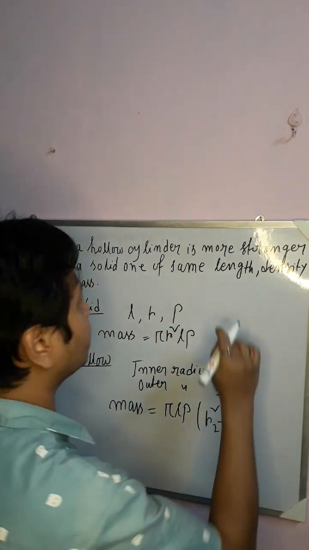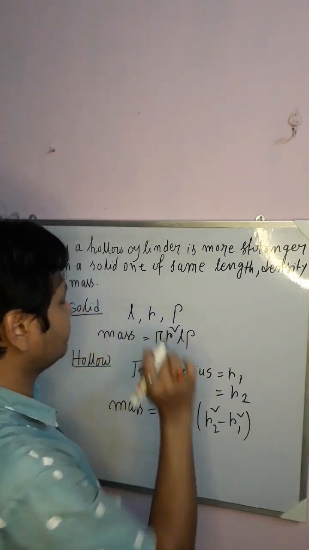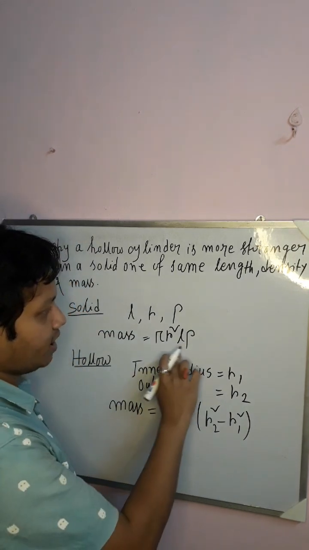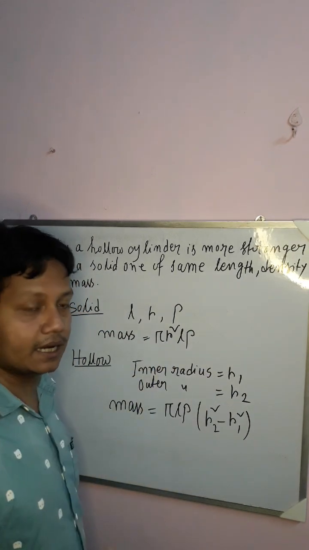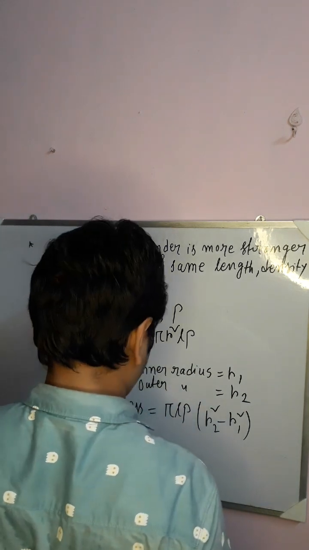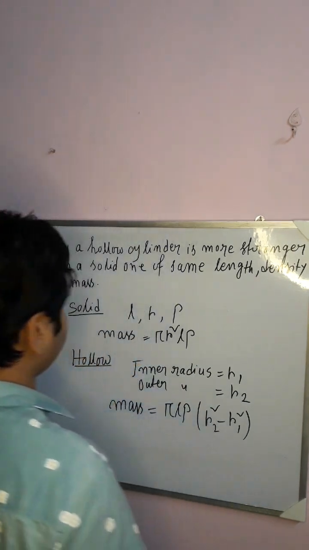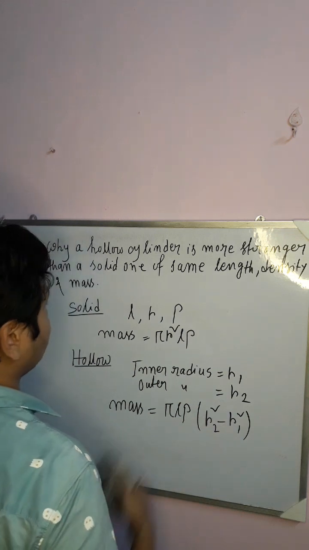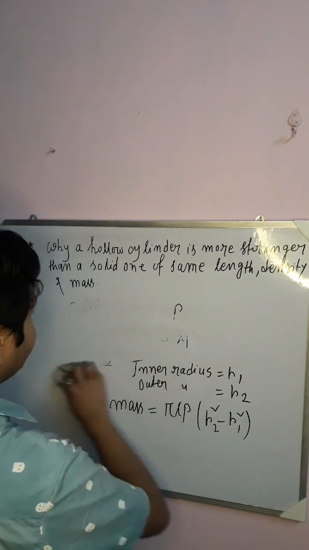Since it is given that their length, density and mass are same, we can make length and density equal, and later we will also make equal their mass. So we can write this for both the solid and hollow cylinders.